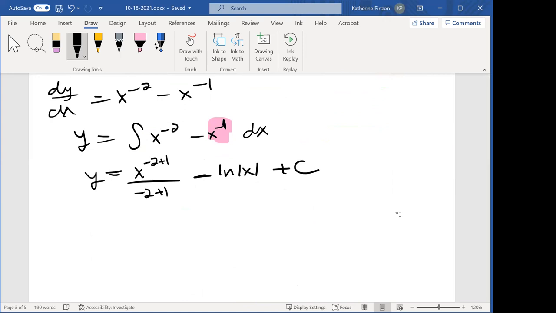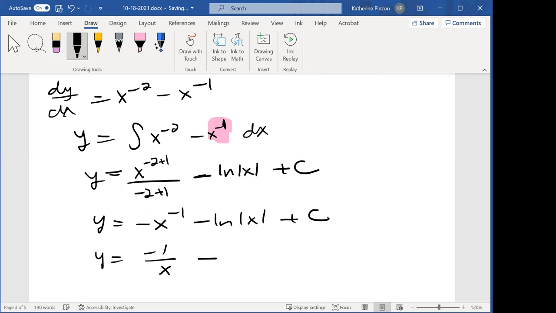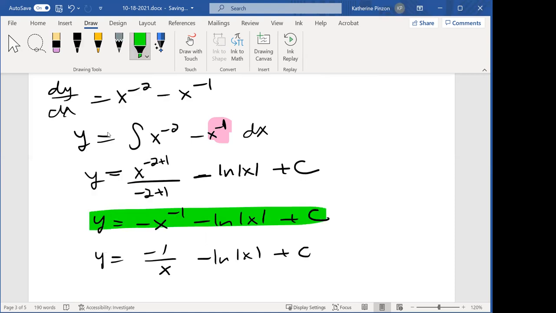So this is -1 x to the -1. So y equals -x to the -1 minus ln x plus c. You could write this as -1 over x if you wanted to, but you don't have to. This answer is perfectly acceptable right here.